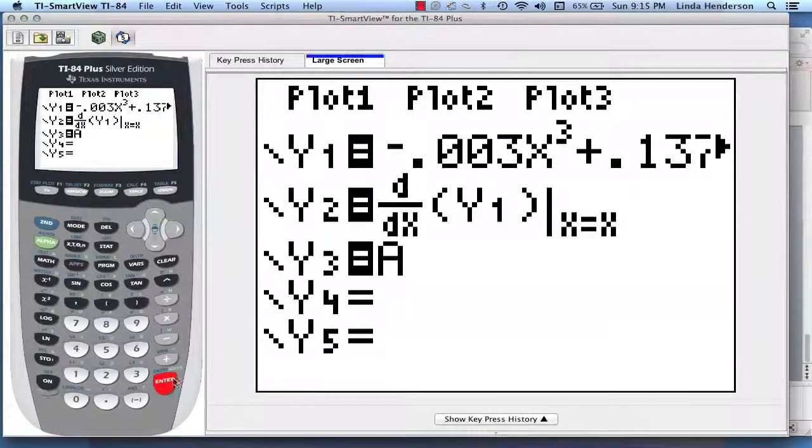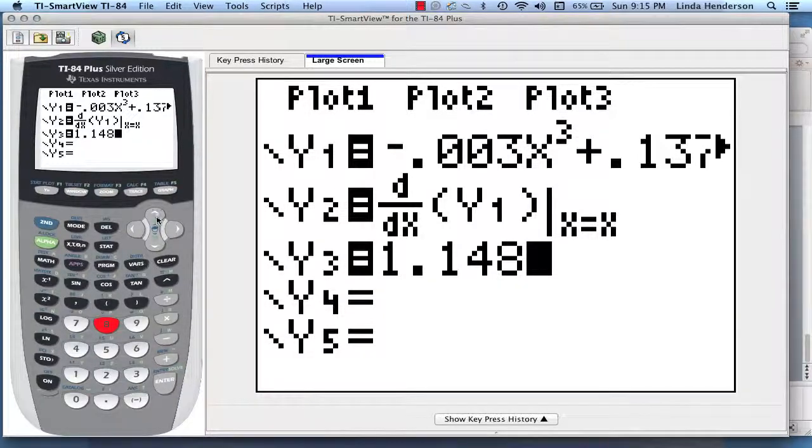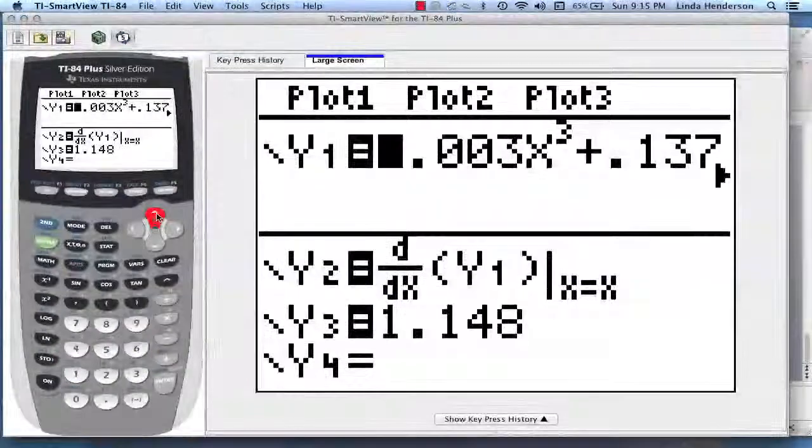And I'm going to get rid of what I have under y3. If by chance you had stored that 1.148, that would be fabulous. And I'm going to turn off y1.